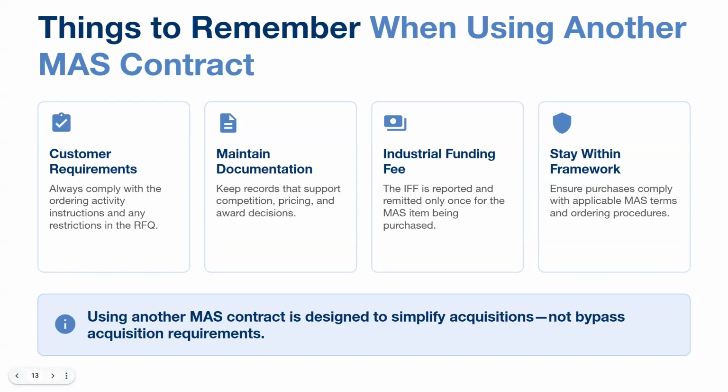And remember, flexibility exists within the MAS framework, but using another MAS contractor isn't a way around following the acquisition's requirements. It's rather a way to meet customer requirements while remaining within the structure and protections already built into the program.